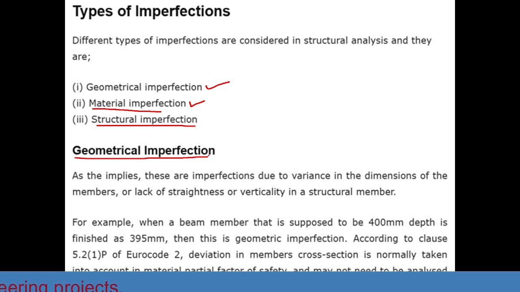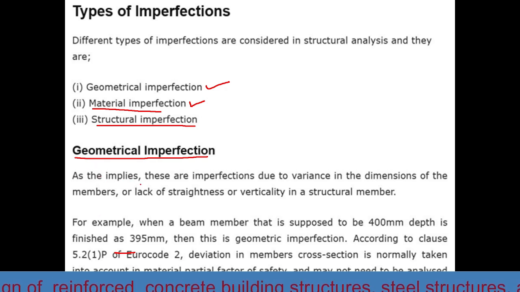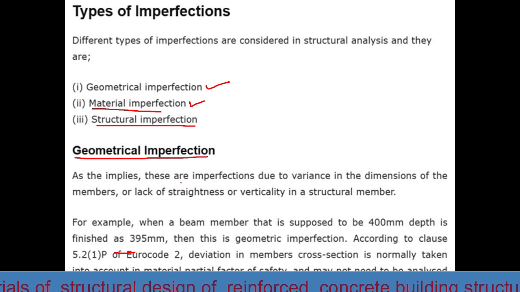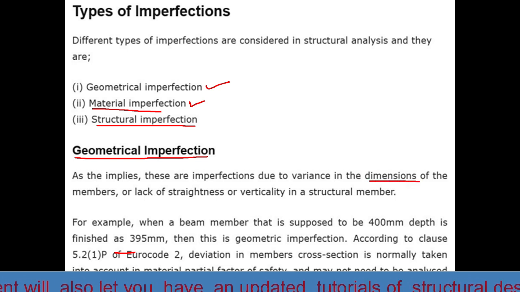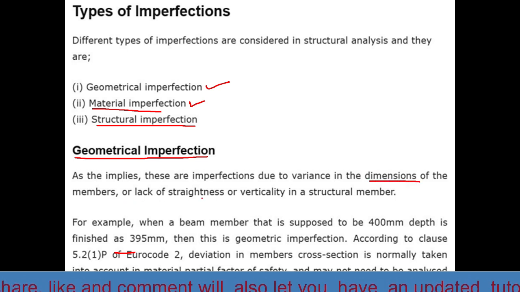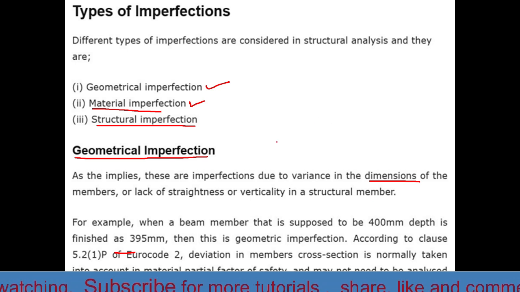The first one is the geometrical imperfection. As the name implies, there are imperfections due to variance in dimension of the member or lack of straightness or verticality in a structural member.